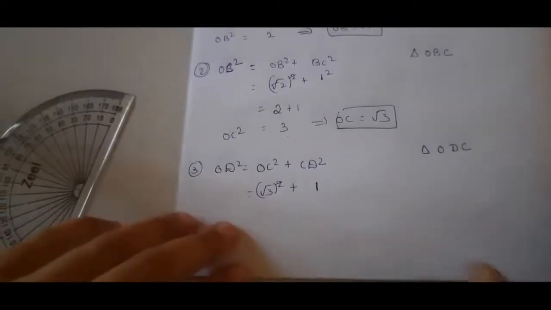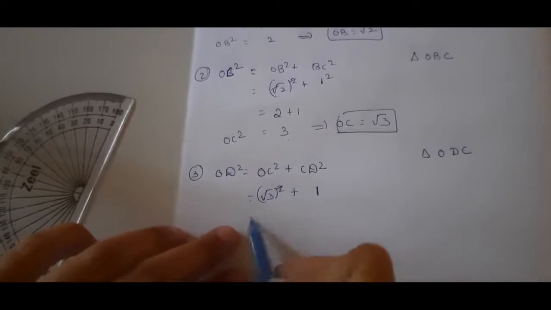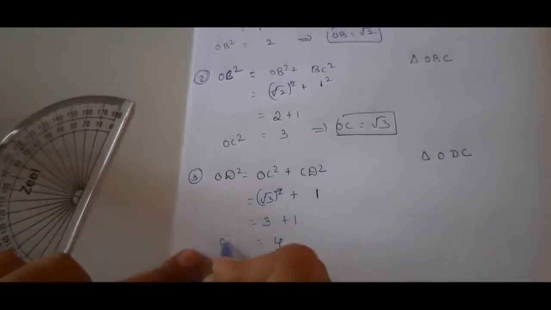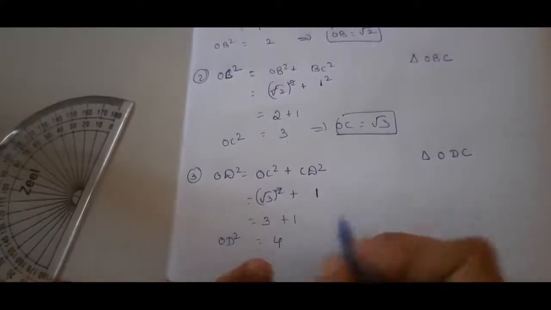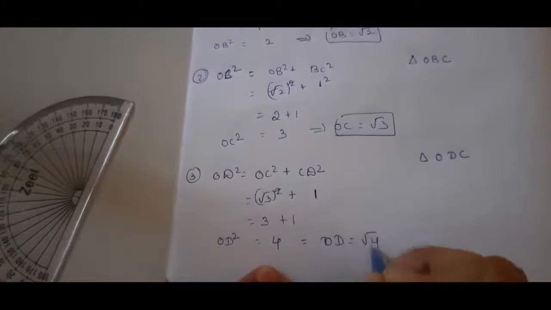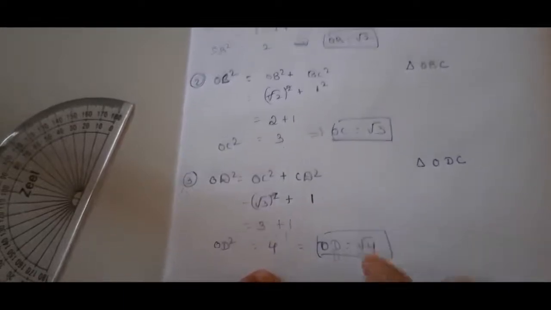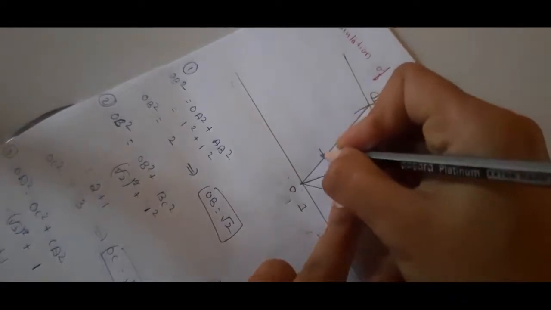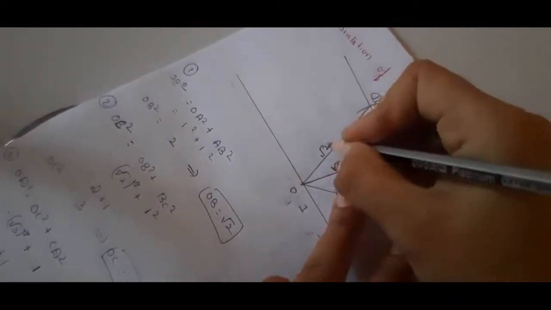The root and square cancel, left with 3. 3 plus 1 is 4. OD square equals 4. OD becomes root 4. Don't write 2 here, just keep it as root 4. So OD becomes root 4.